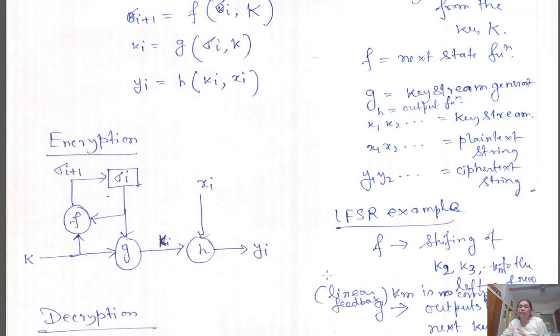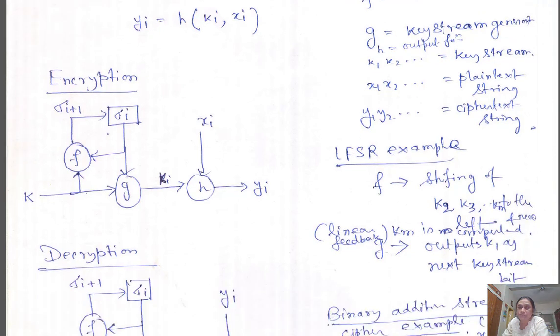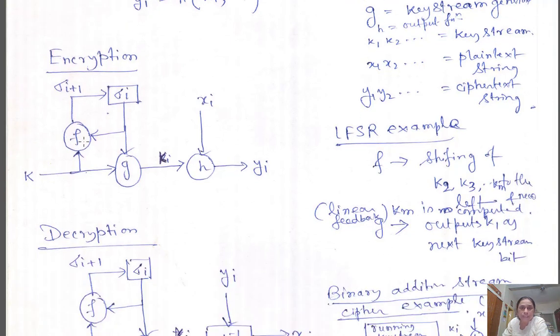Then K2, K3, Km are shifted by one register, and the linear feedback, that is actually Km plus 1, takes the position of Km. So everything is shifted left. K1 comes out as output, K2, K3, Km are shifted once, and the Kmth position is now filled with Km plus 1. This is the function performed by the LFSR.